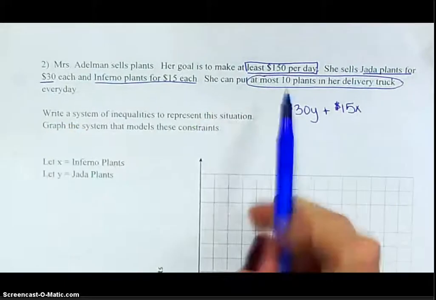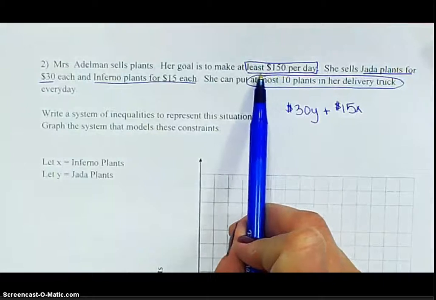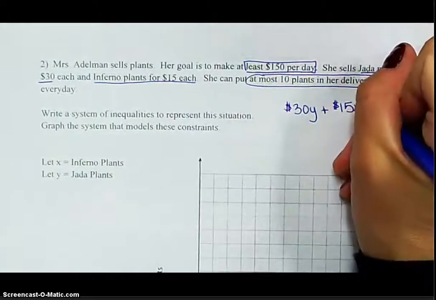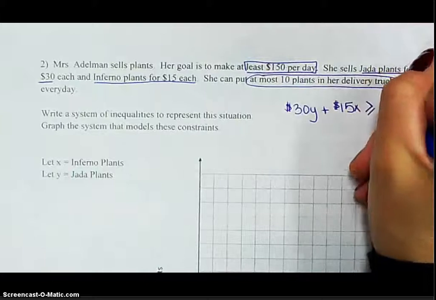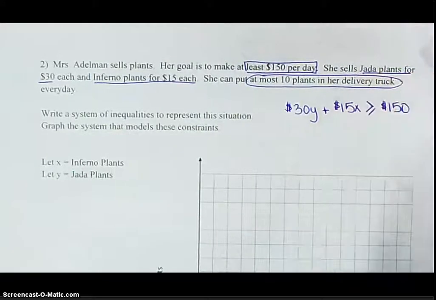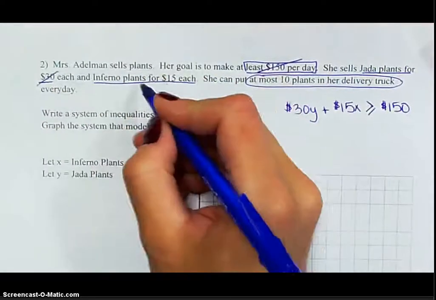Now she wants to make at least $150, which means more than or equal to 150. So I used this piece of information, this piece, and this piece.